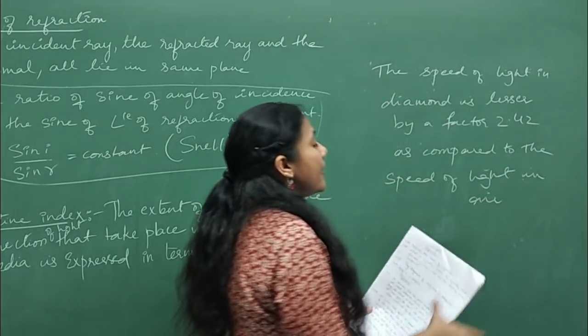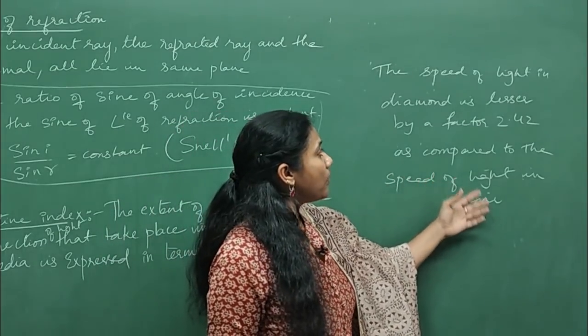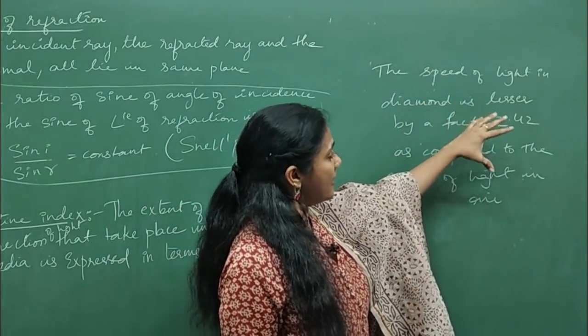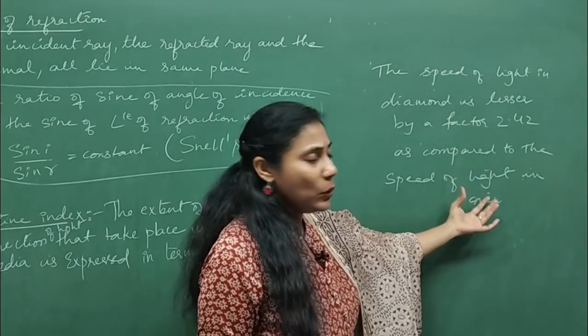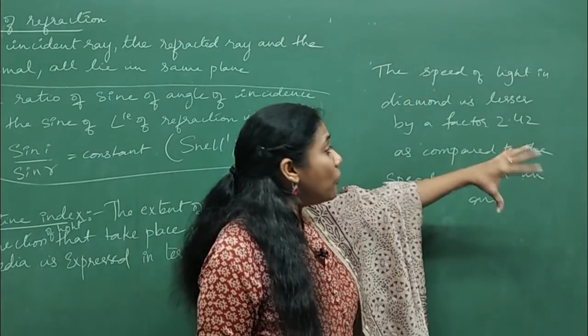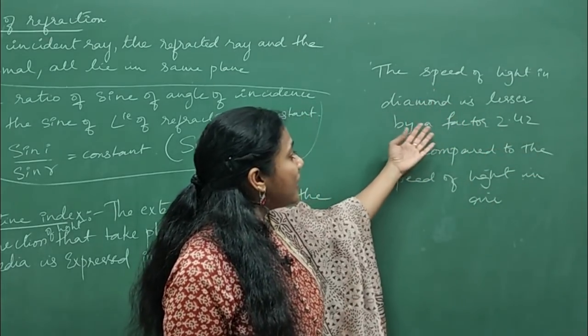Okay, say speed of light in air is more, but the speed of light in diamond is very much less as compared to speed of light in air. But how much less? By how much factor?